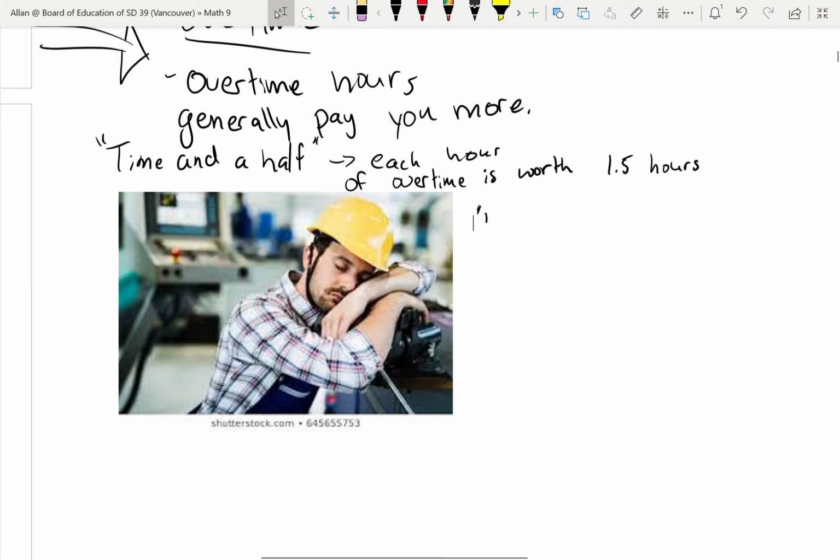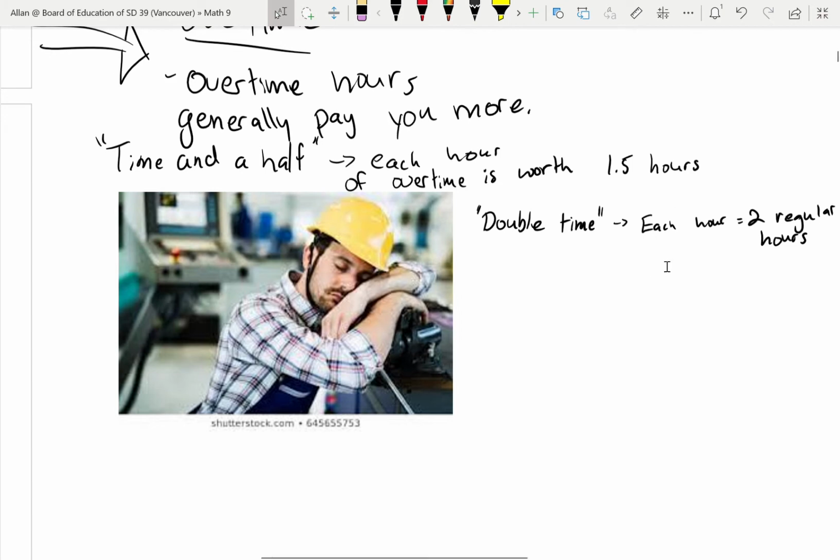Another type of overtime that you might hear is what's called double time. And this is each hour is equal to 2 regular hours.